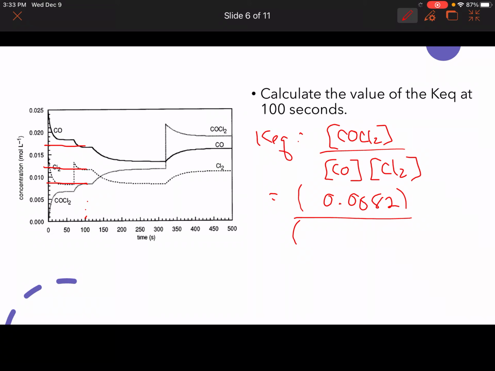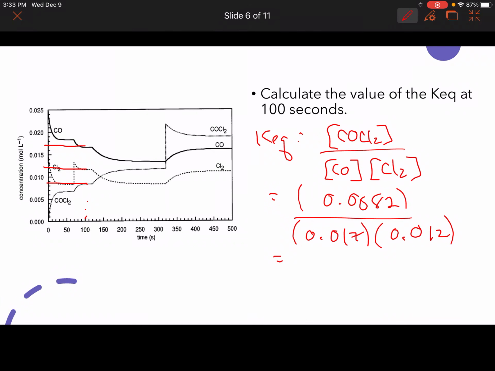Divided by, and now I look at the carbon monoxide, which is up here, and that's going to be 0.0, let's make it 17, and then multiplied by the chlorine gas, which is going to be 0.01, let's see, 101112. There we go. Okay, now we work that out.